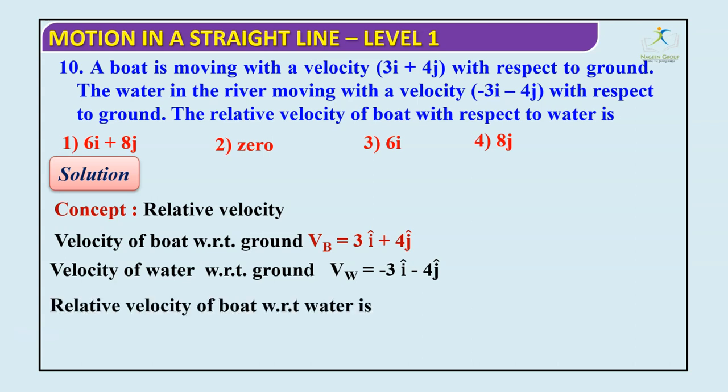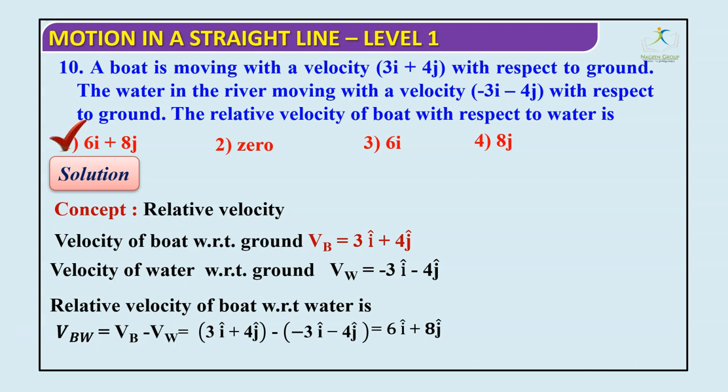So the relative velocity of the boat with respect to water is VBW, that means VB minus VW, which comes to 3i cap plus 4j cap minus of minus 3i cap minus 4j cap, which is 6i cap plus 8j cap. Hence, the correct option for this question is A.